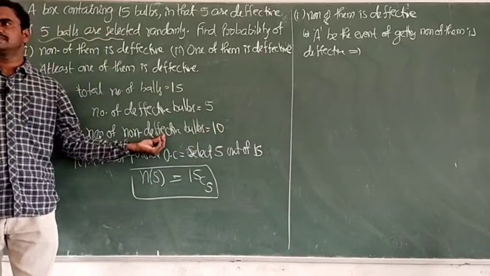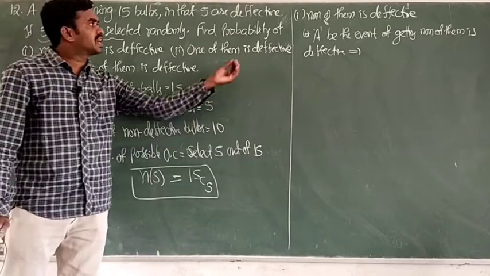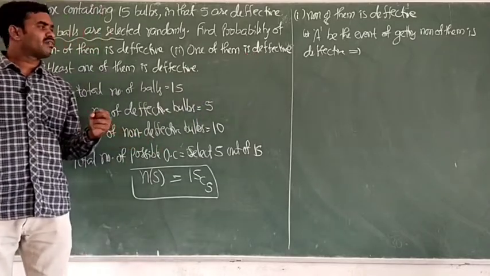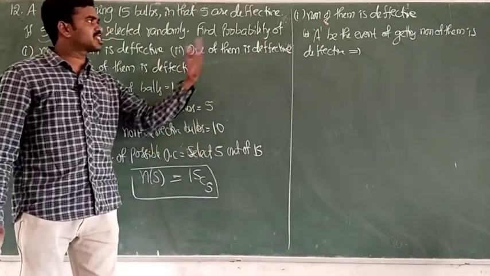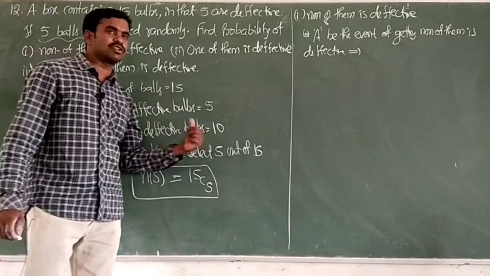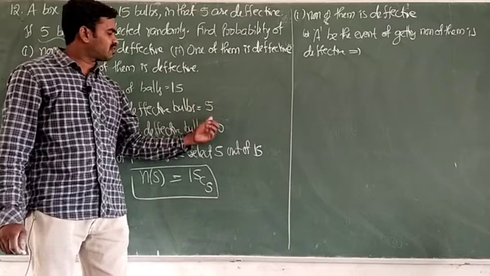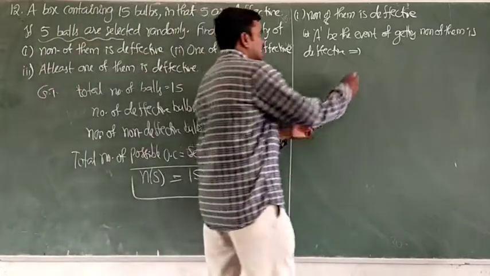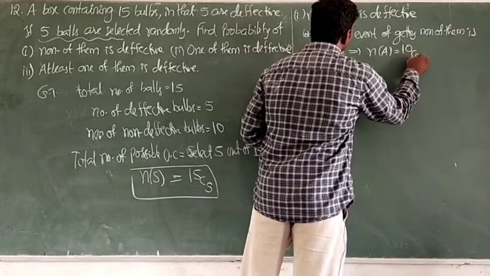Am I right? Okay, is it clear? 5 must be non-defective means those can be taken from 10 non-defective bulbs. In how many ways it can be done? 5 out of 10 means 10C5.